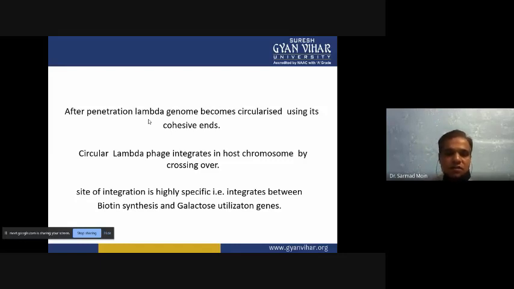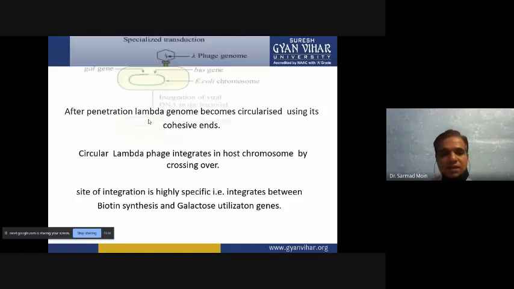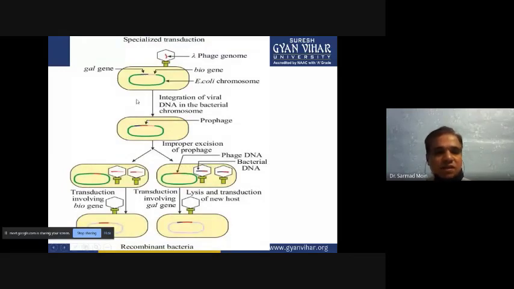The host DNA and the lambda phage DNA integrate using crossing over. The site of integration is very specific: we know that the biotin synthesis gene and the galactose utilization gene are there, and this lambda phage genome will be integrated in between these two genes.